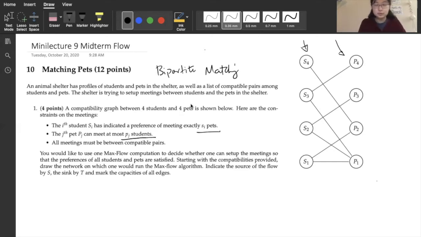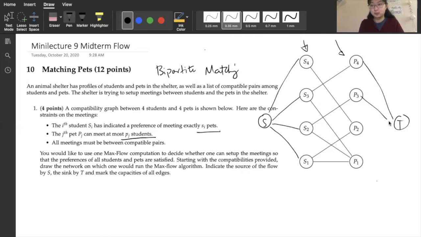And the way we want to do this is to modify this graph somehow. From bipartite matching, you probably already guessed that we need a source and a sink, right? I want the source to be connected to all of my students on the left side, and my sink to be connected to all of the pets.